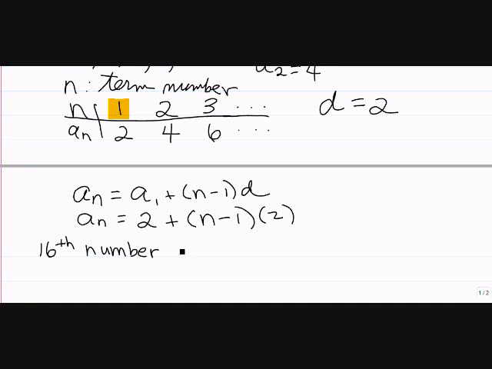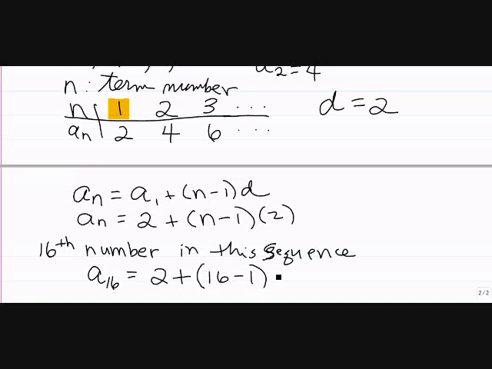The 16th number in my sequence is a sub 16 is 2 plus 16th number, that's my n, 16 minus 1 times my common difference of 2.